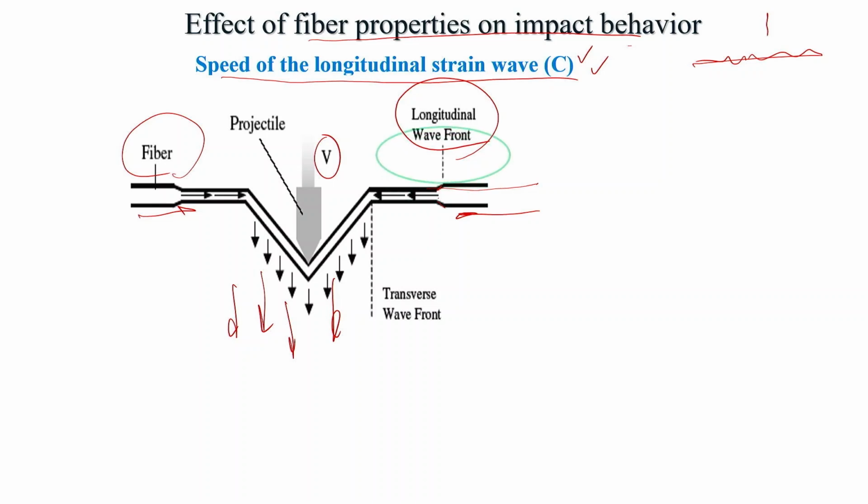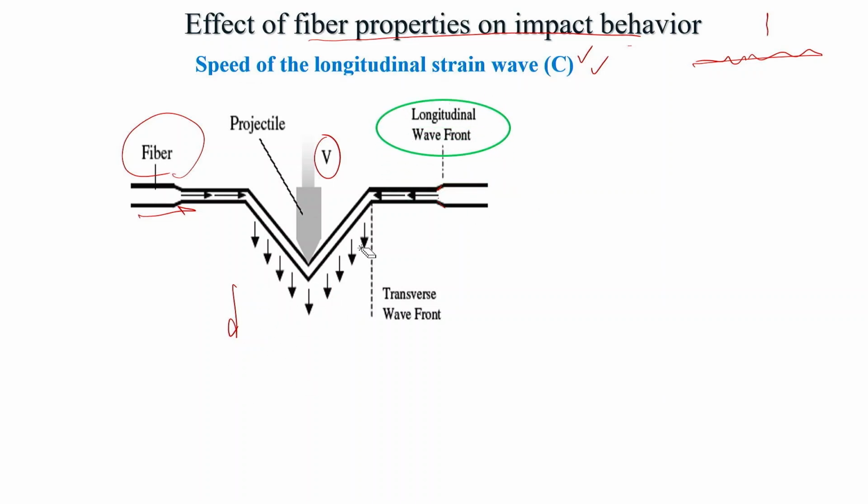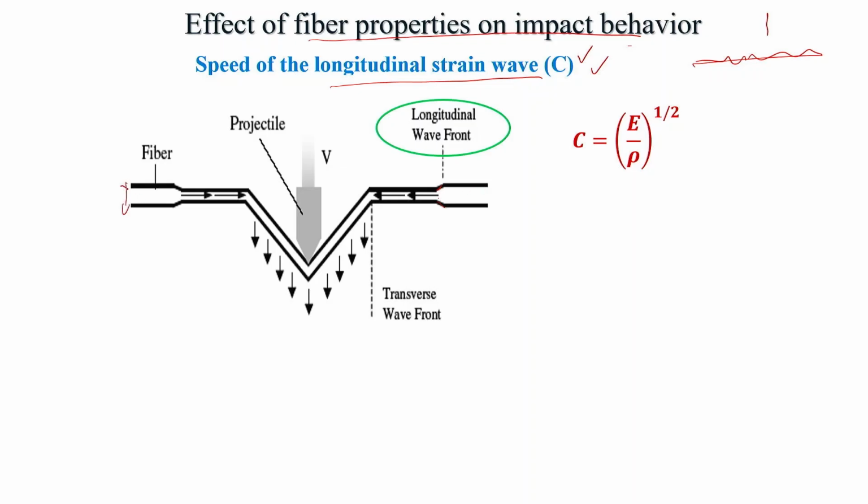Now, the speed, if we want to calculate the speed of the longitudinal strain. The fibers are straining. Suppose this is the initial diameter of the fiber; after straining the fibers become thinner.